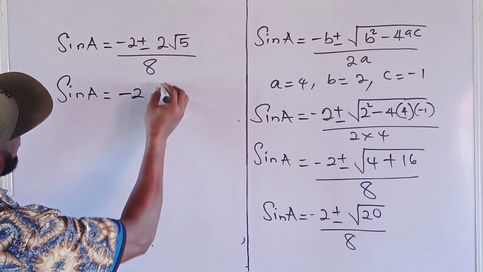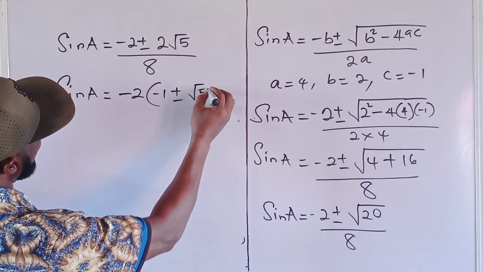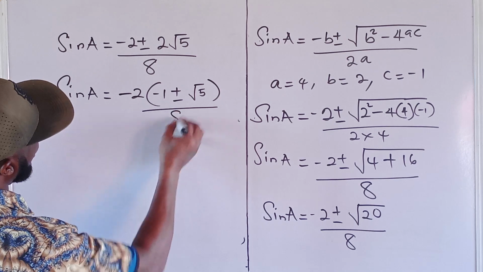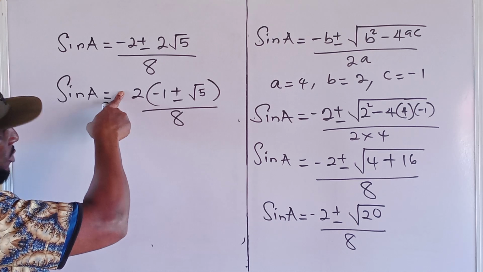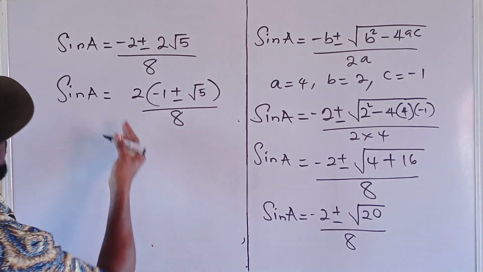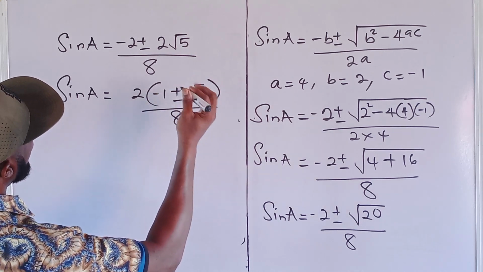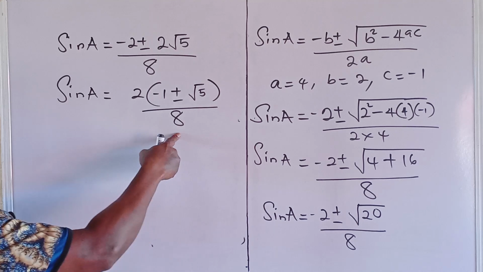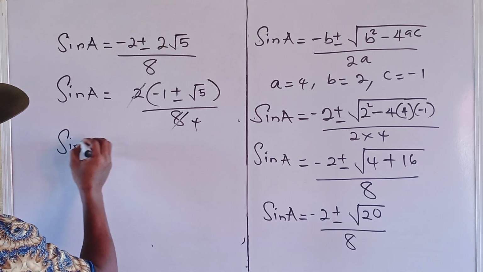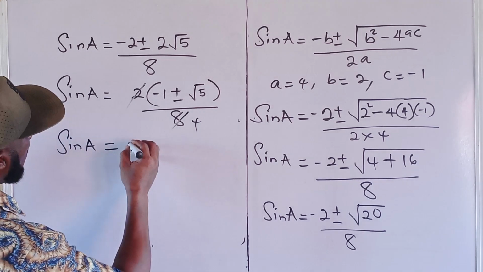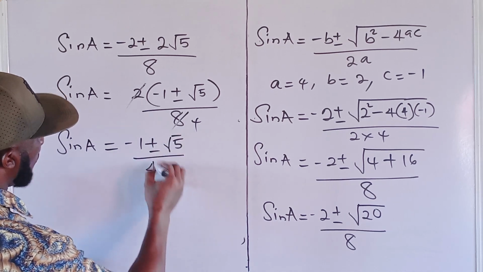So if I factor out 2, I'll have negative 1 plus or minus root 5, all upon 8. Then I'm factoring out 2, not negative 2. Sorry for that oversight. 2 can divide into 8 to give us 4. So sine A is going to become negative 1 plus or minus root 5 upon 4.